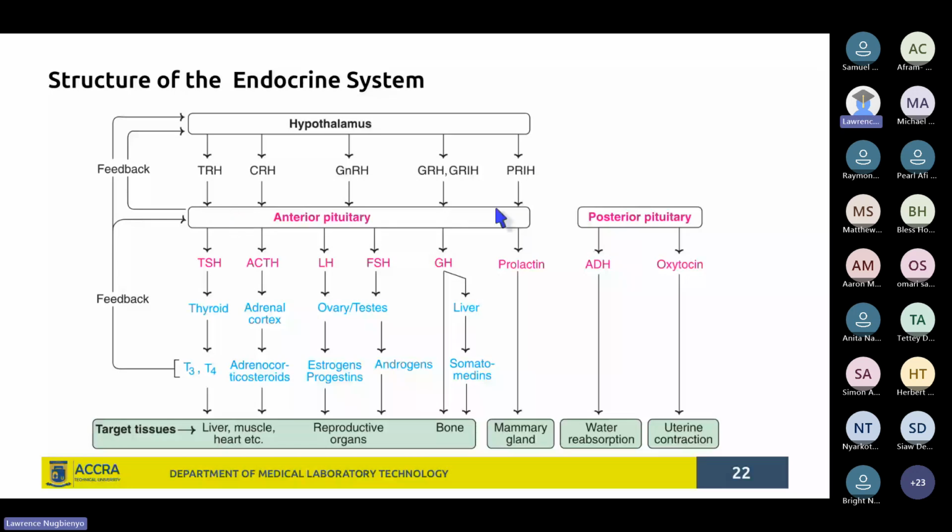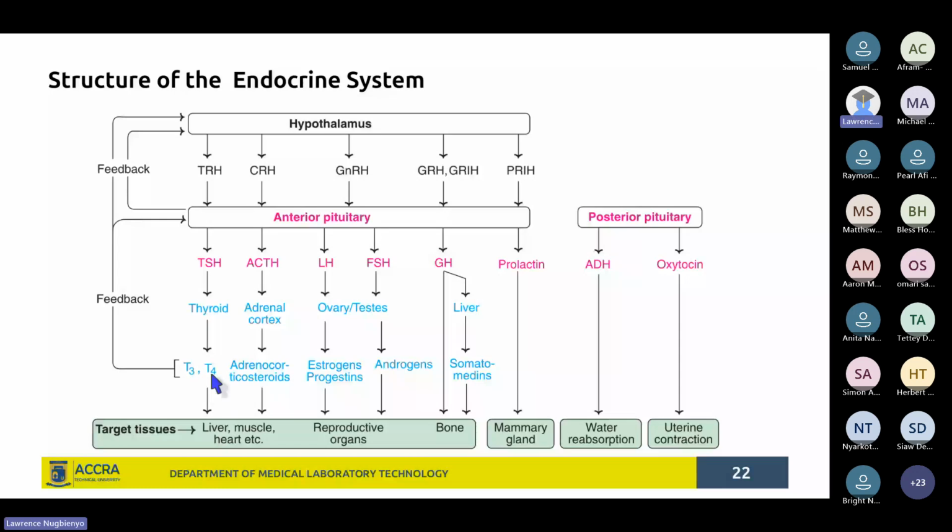And their activities follow. So thyrotropin releasing hormone will stimulate the anterior pituitary to release thyroid stimulating hormone. And that thyroid stimulating hormone will then stimulate the thyroid to secrete thyroid hormones, triiodothyronine and tetraiodothyronine.